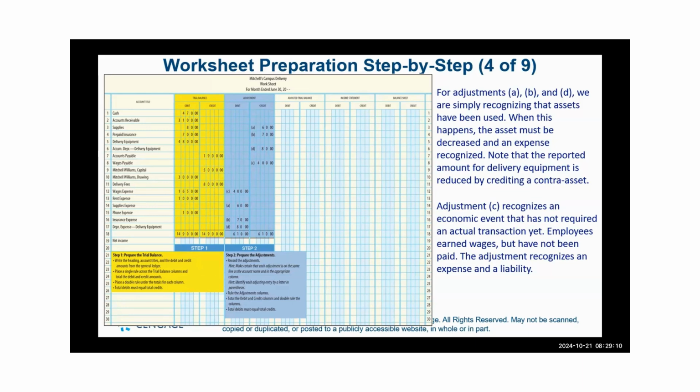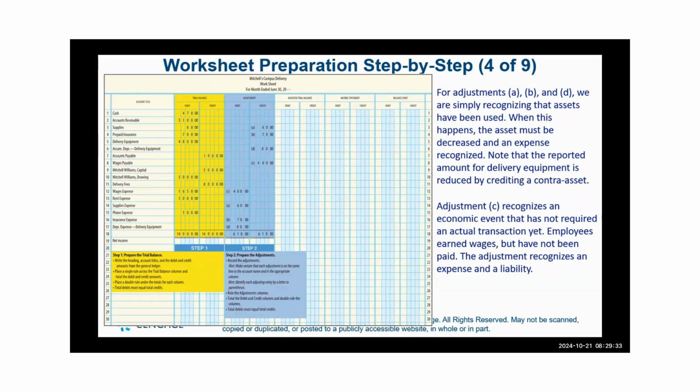So we put everything into the trial balance. Then we put our adjustments in. Here we only had 4 accounts that had adjustments, right? The supplies, the insurance, the delivery equipment, and the wages. So you'll see adjustments up on top, and then you'll see some on the bottom as well, because then we had the expense accounts for them.